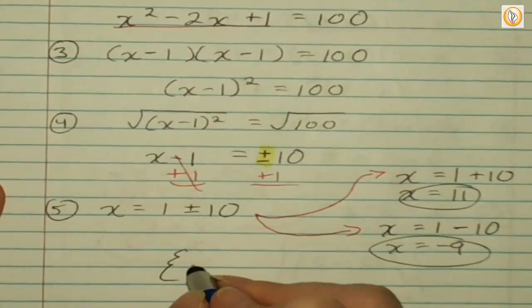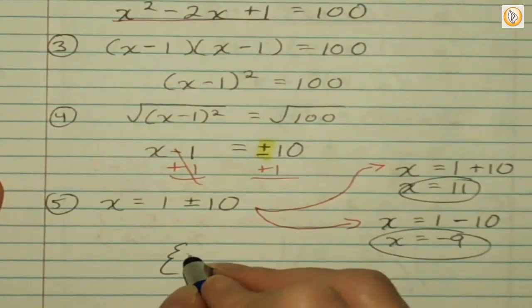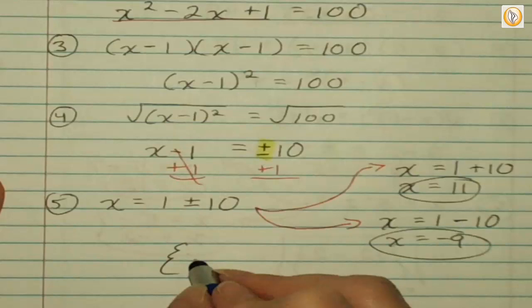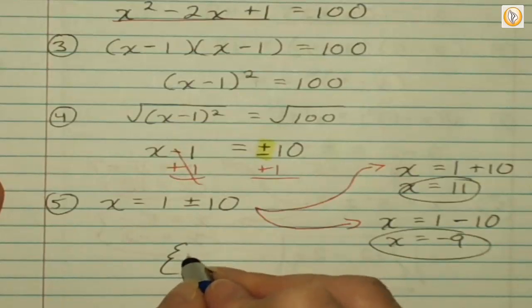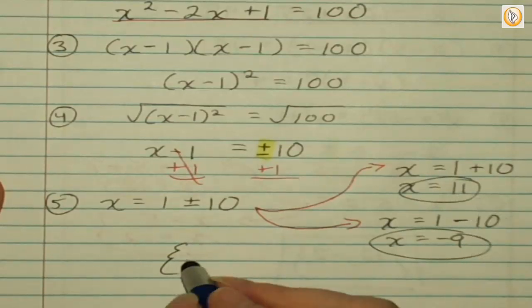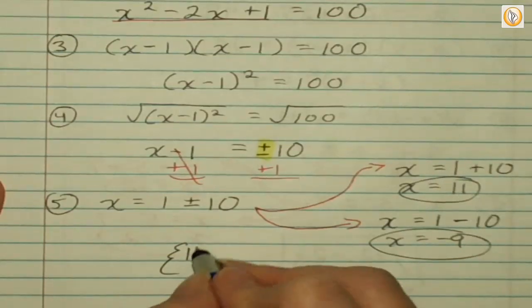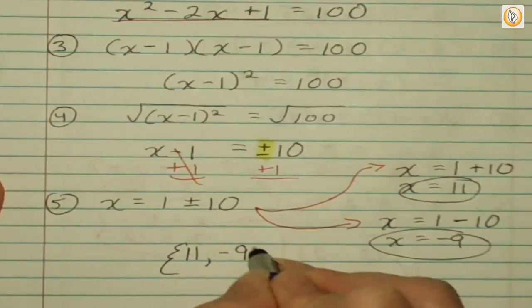So what are my answers? 11, negative 9. There you go.